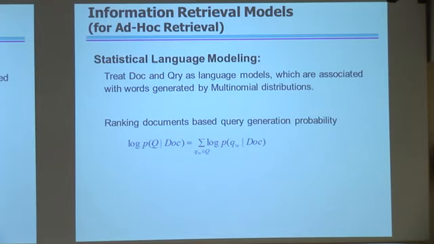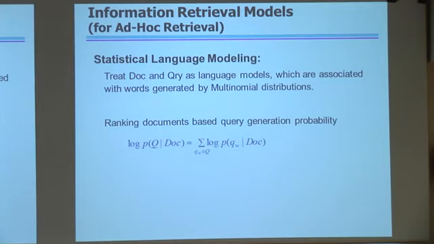Basically, it means we want to model a document or a query as a bag of words representation. We are assuming that this model is a multinomial distribution. Therefore, given each word or each query term, we will be able to generate this word or query term from this multinomial distribution.